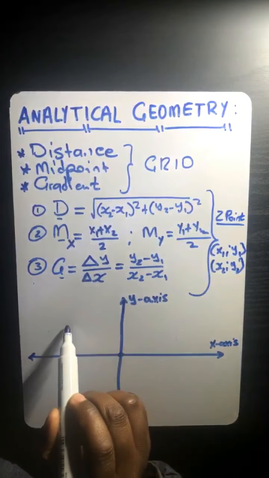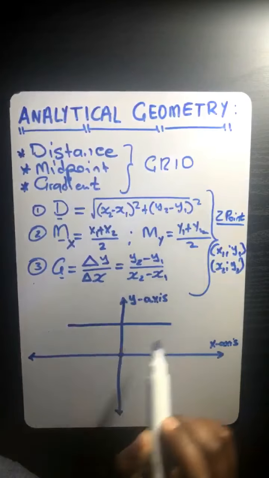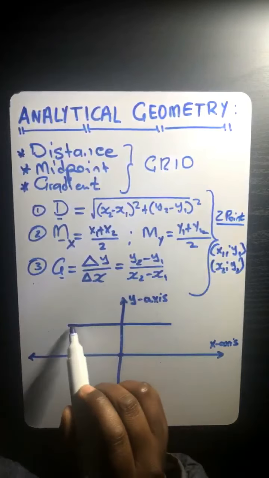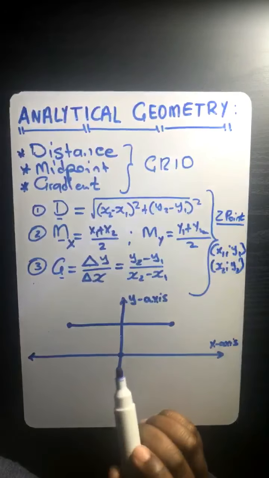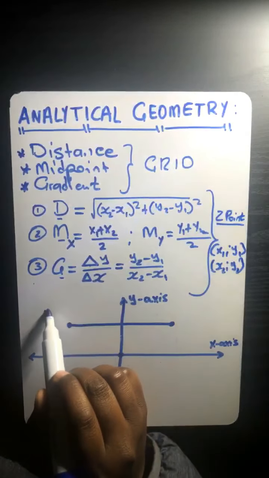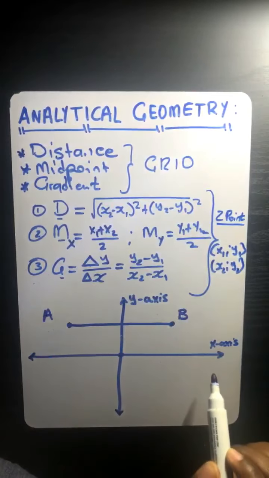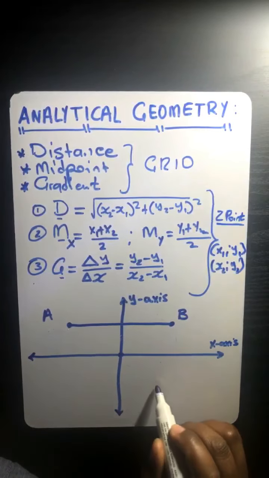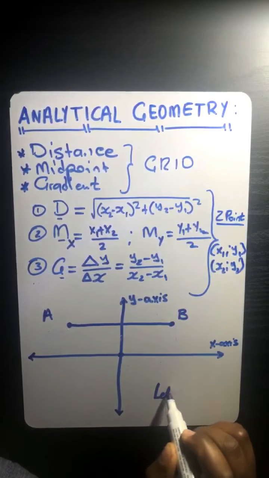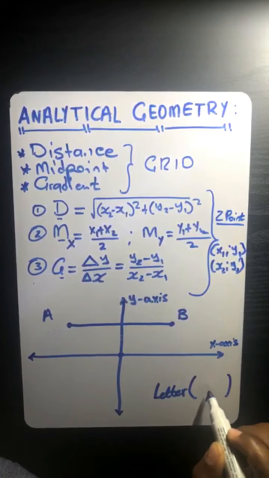So this is our pap. It's just a straight line from there up to there. So this is the start and this is the end. To make things easy, let's call this point A, and also call this point B. Remember, guys, I've always been saying we have a letter, then we've got the coordinates.